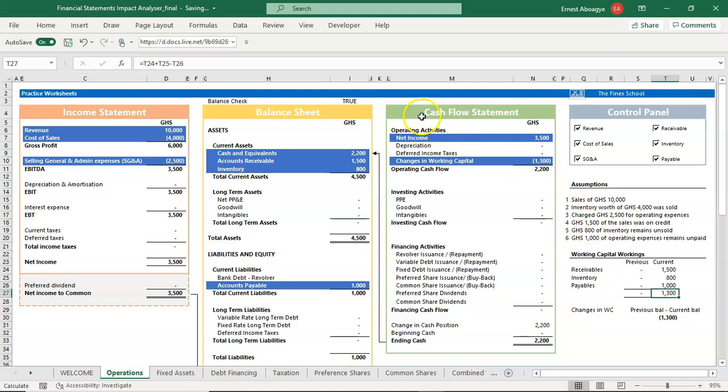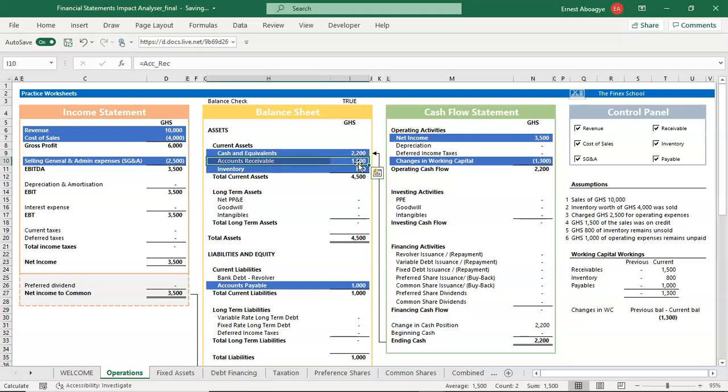So what that means is that this same 3,500 here, we need to adjust for only 1,300 because we have our 2,300 locked up, and we have also locked other people's monies by 1,000. So the net effect is that we have only our money 1,300 locked up, and that will reduce the net income balance to give us the real cash balance of 2,200, which will feed the balance sheet cash.